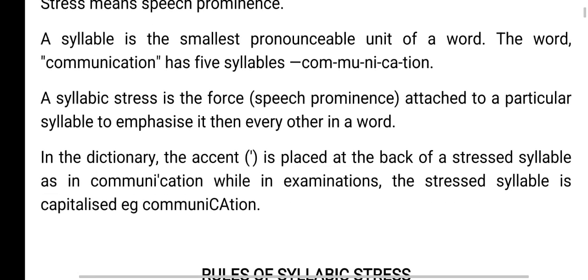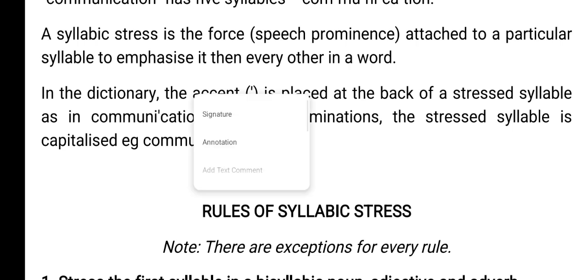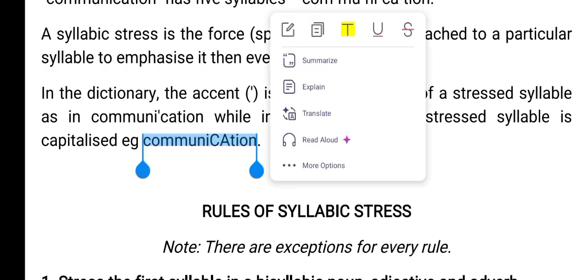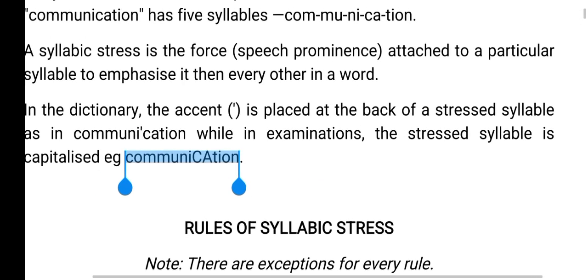Let us continue. I said that in the dictionary, the accent is used to mark the stress, but in examination, now we're talking about examination. So let's look at this word communication. If you check this word very well, you realize that communication has the stress on k.